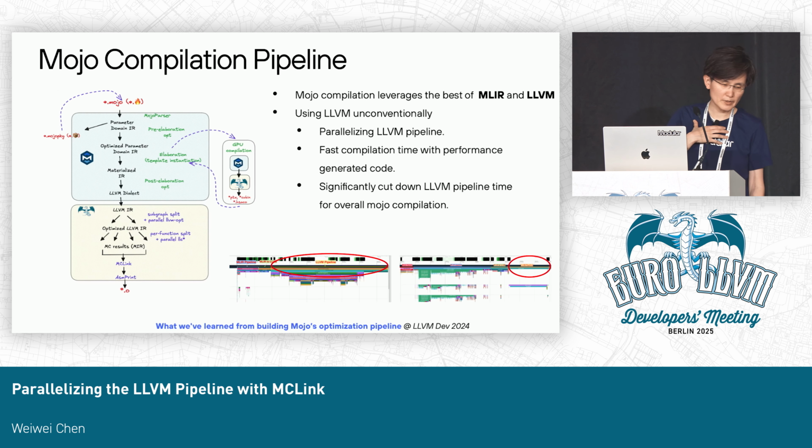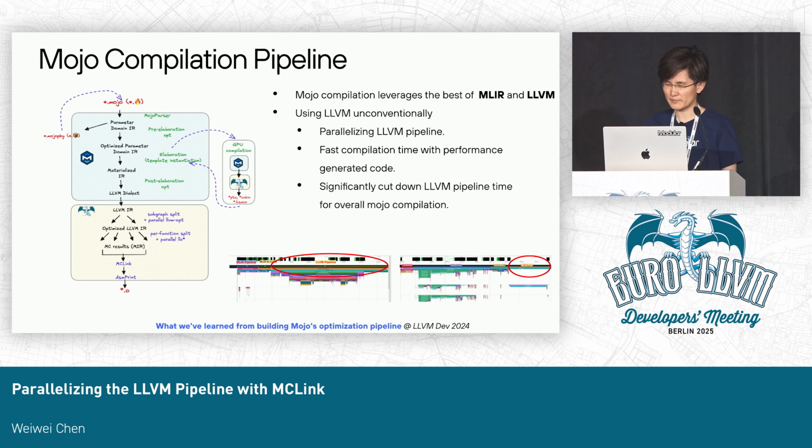All right, just a quick recap on Mojo compilation. The Mojo compiler is built on top of both MLIR and LLVM. We use MLIR to build our front end and middle end, which is the parser, the elaborator, plus some of the middle end optimizations. Then we use LLVM for the code gen to go to the target generated code.